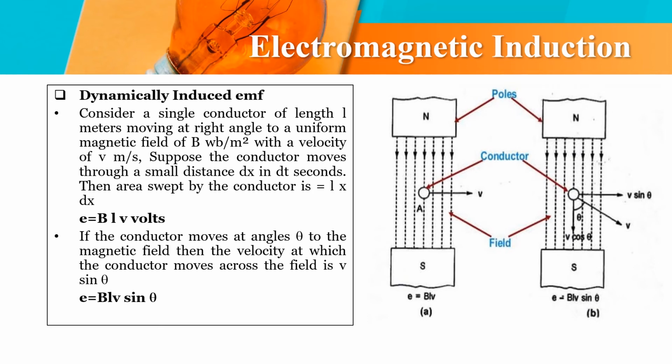Then the area swept by the conductor is L times dx, and E equals B into L into V volts. If the conductor moves at angle theta to the magnetic field, then the velocity at which the conductor moves across the field is V sin theta. Then E equals BLV sin theta.